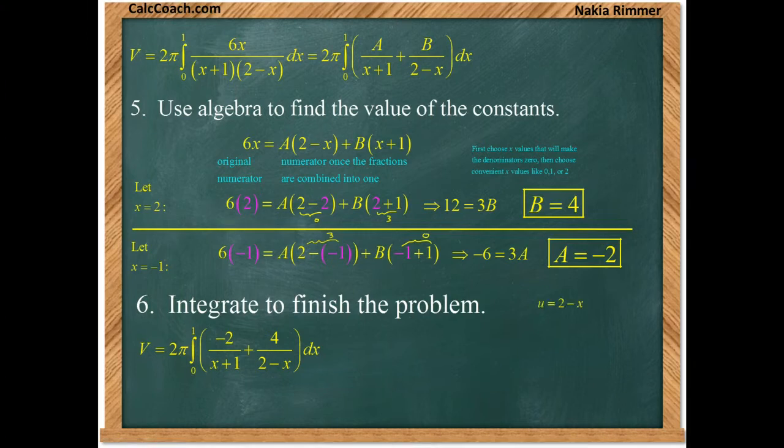Think about the u substitution that happens. If you let u be 2 minus x, then du isn't just dx, du is the opposite of dx. So we're integrating 4 times the integral of -1 over u du. Basically saying that in this part here, negative du is dx.